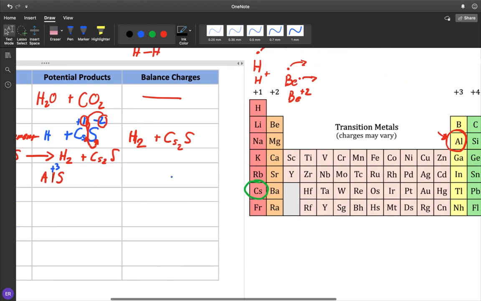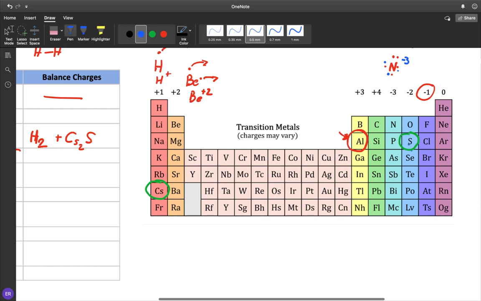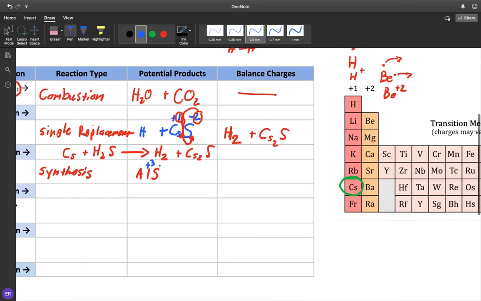And S is in group 16, so it's going to gain 2 electrons to become 2 minus. And 3 is not the same as 2, so the values are not the same, which means we're going to have to do the cross method. So the 2 becomes the subscript for aluminum, and then the 3 becomes the subscript for sulfur. So then we rewrite it. Our balanced charges is going to be Al2S3.